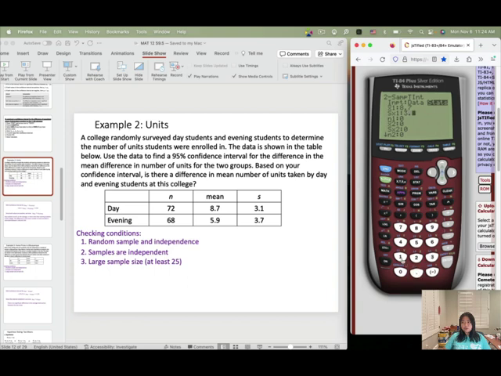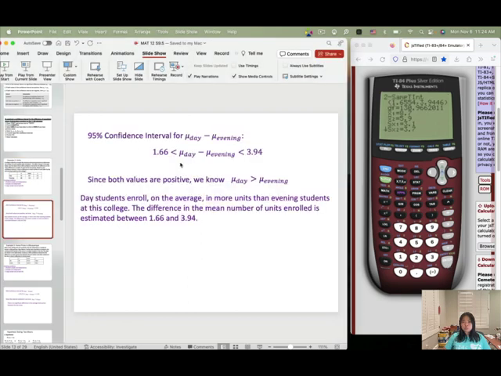Standard deviation, sample size, then mean 2, standard deviation, and sample size. Okay, we are working on 95%, so it's gonna be 0.95. And for the pool here, you could just put no, okay? Calculate.